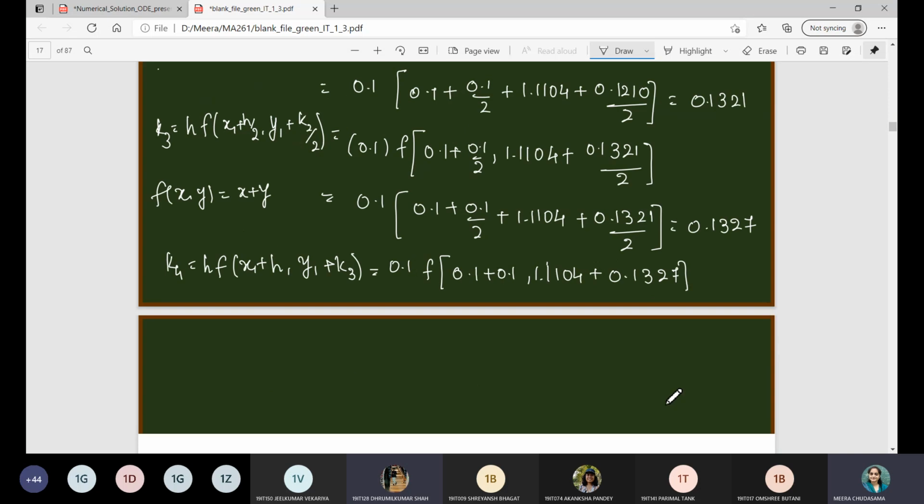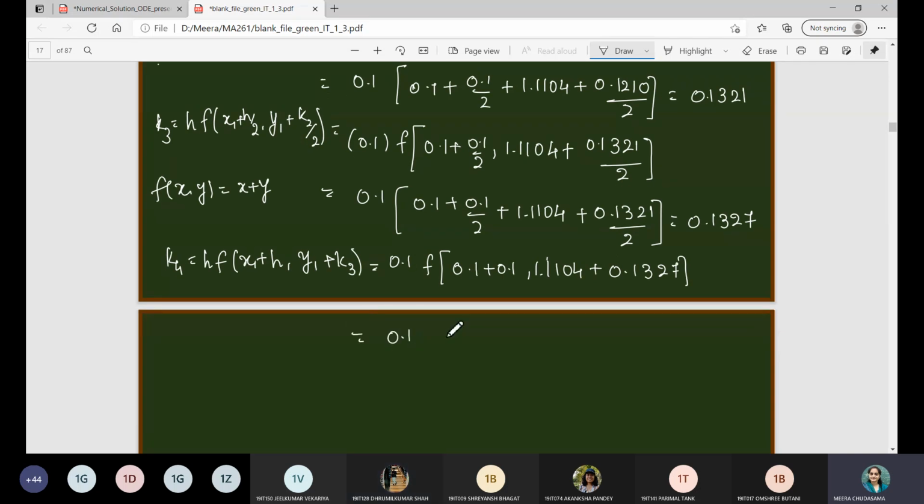So the function is nothing but 0.1 times 0.2 plus 1.1104 plus 0.1327. What will it be?